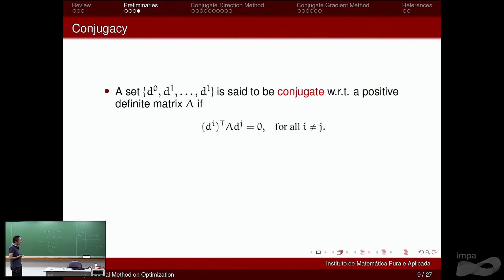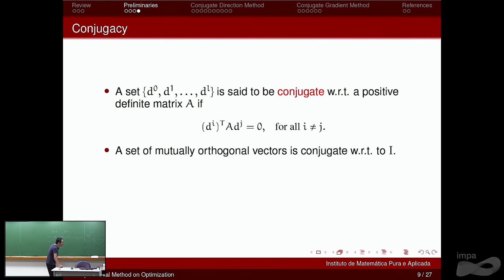Okay, so another preliminary is the definition of conjugate vectors. We say a set d_0, d_1, until d_l is conjugate with respect to a positive definite matrix A if d_i transpose A d_j equals 0 for all i not equal to j, for any different i and j.